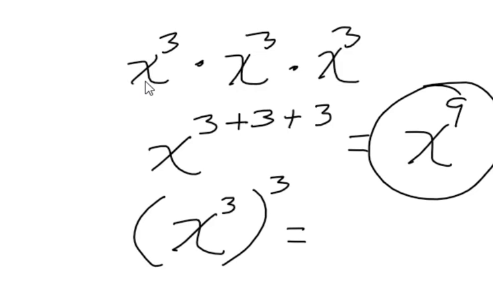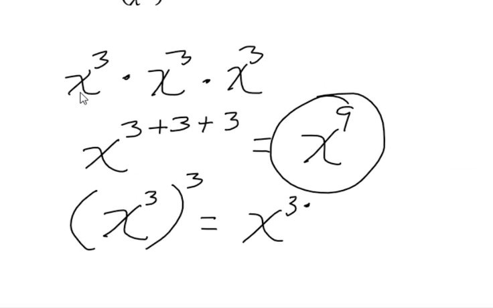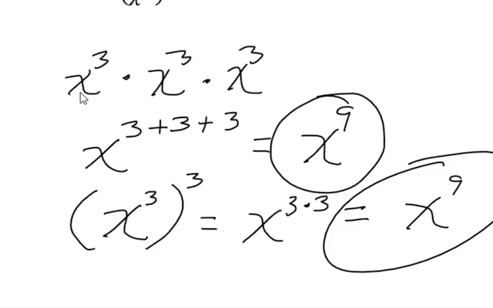And what I'm really doing is x to the power of 3 times 3. Whatever exponent is outside, those two exponents are going to be multiplied times each other, getting me x to the power of 9. Hopefully that makes sense to you and simplifies things a bit better. Okay. Here we go.